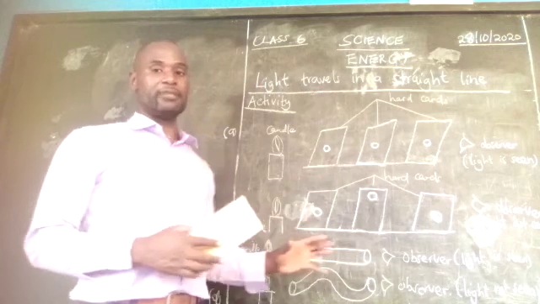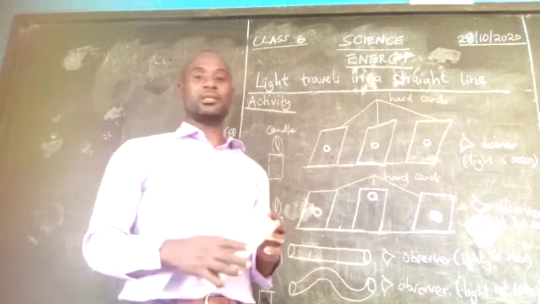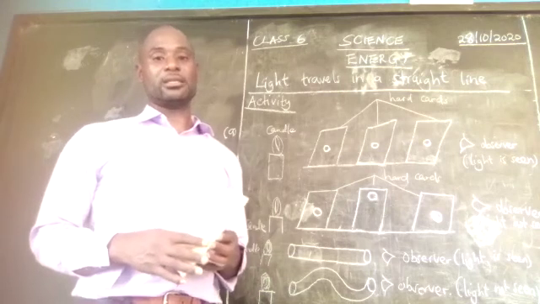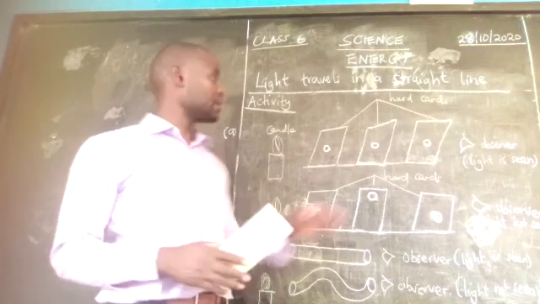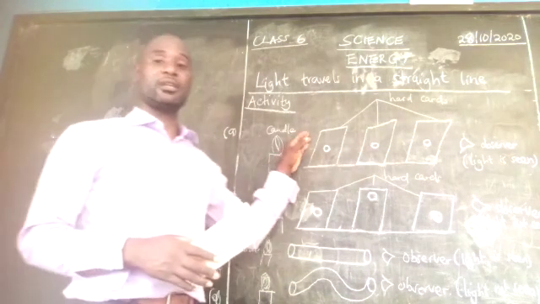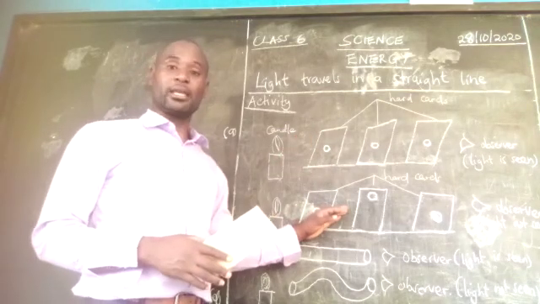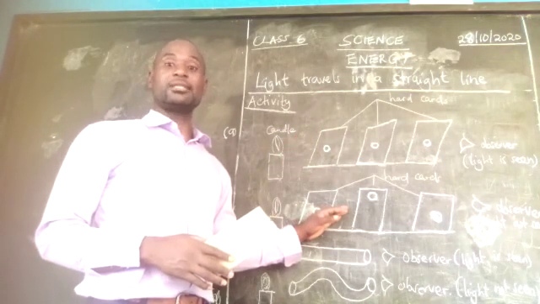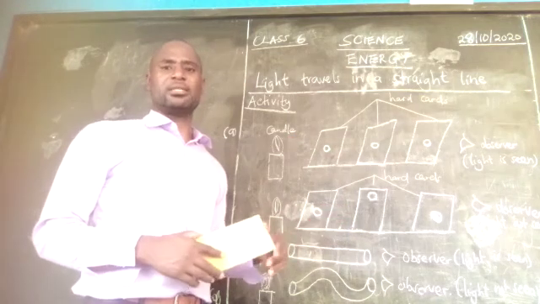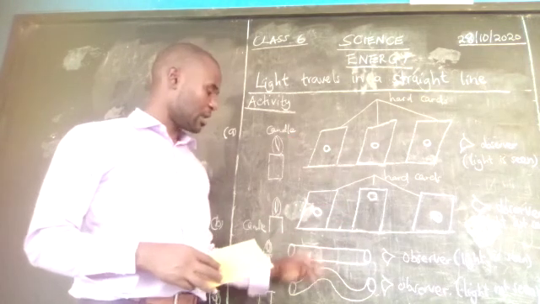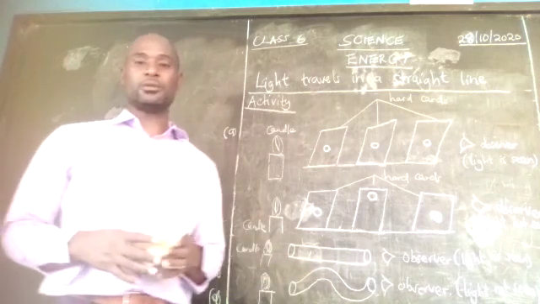So this is the activity that shows how light travels in a straight line. The first one is showing that light is traveling in a straight line. The second diagram is proving that it is true, it is real that light travels in a straight line. The same applies to the third and the fourth diagrams.